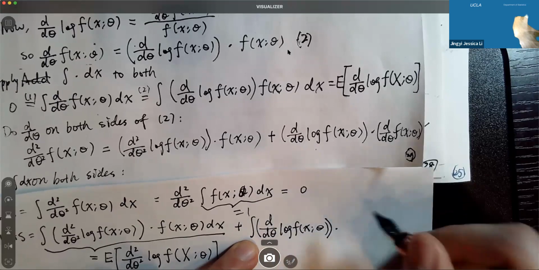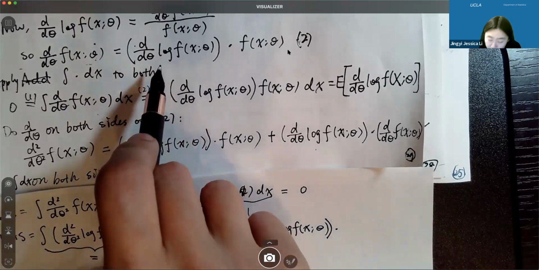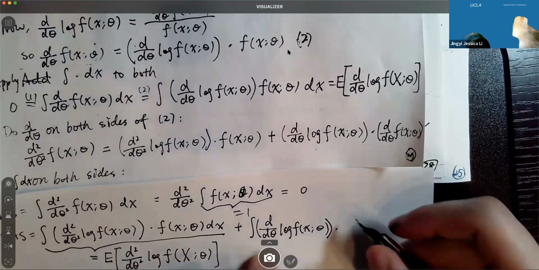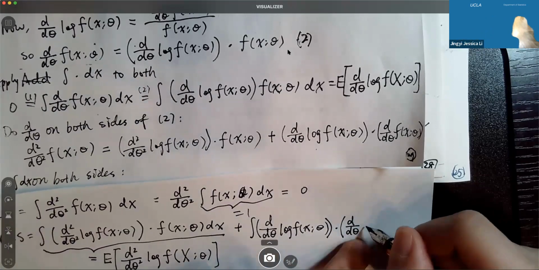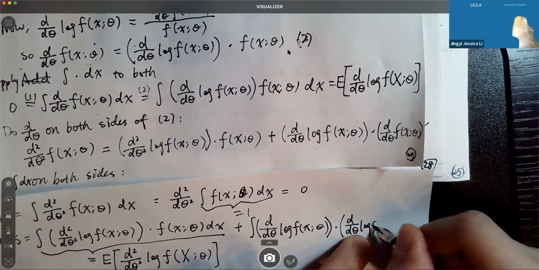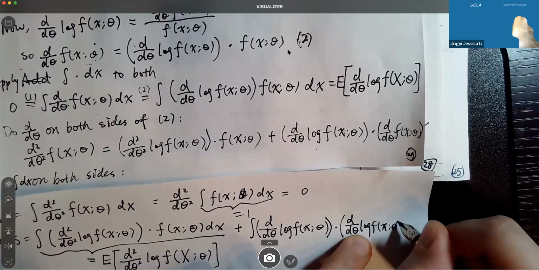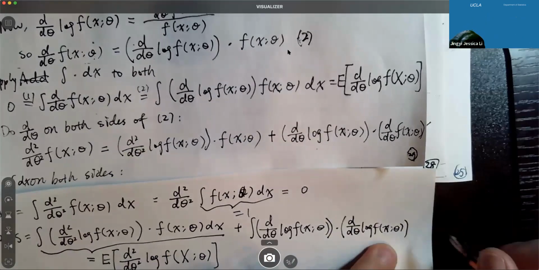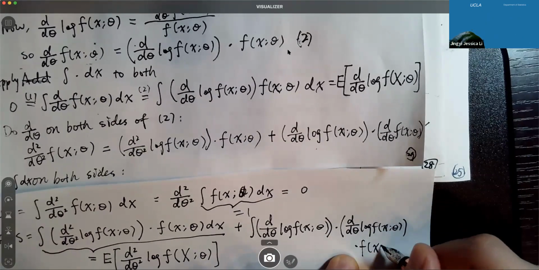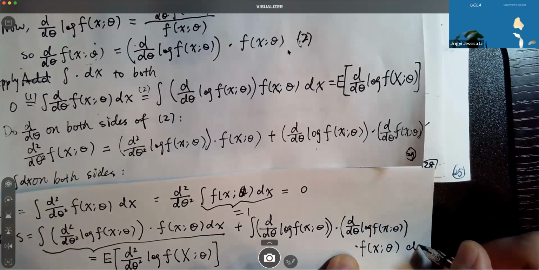For the second term, I'll use the right-hand side of 2: d theta log f(x, theta) times f(x, theta) dx.